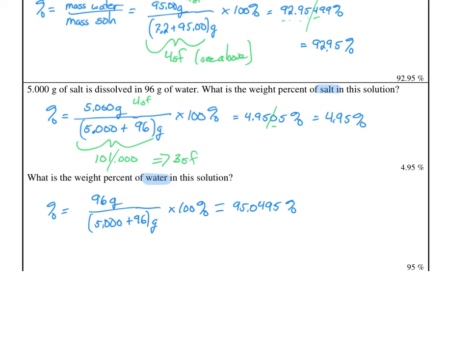Considering sig figs, we've already determined that the bottom has 3 sig figs. In this case, the numerator has 2 sig figs, so our answer is limited to 2 sig figs, and we can write it correctly with the correct number of sig figs and units as 95%.